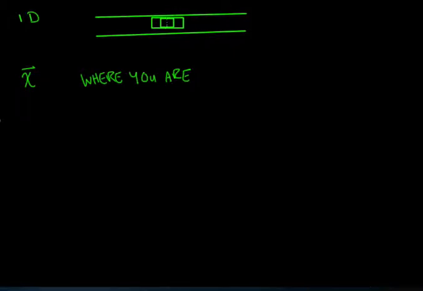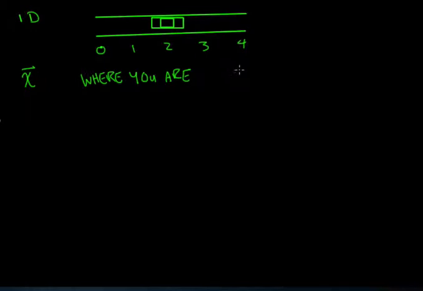And so you're moving along this road, forward or backwards. That's one-dimensional motion. And so displacement just says, where are you? Are you at 0? Are you maybe 1 meter away from 0? Are you 2 meters away? Are you 3 meters to the right? 4 meters? Where you are.